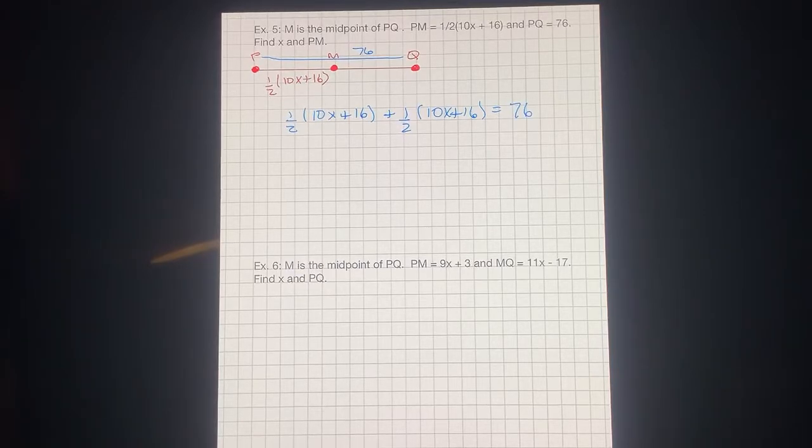Okay, so keeping that in mind, 1/2 plus 1/2 equals 1. So then I can simply say 10x plus 16 equals 76.